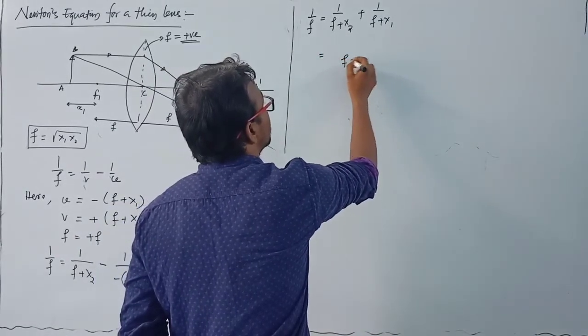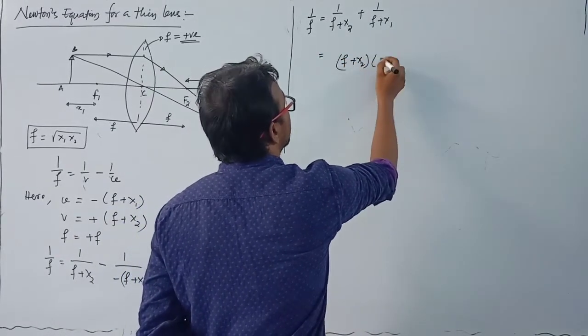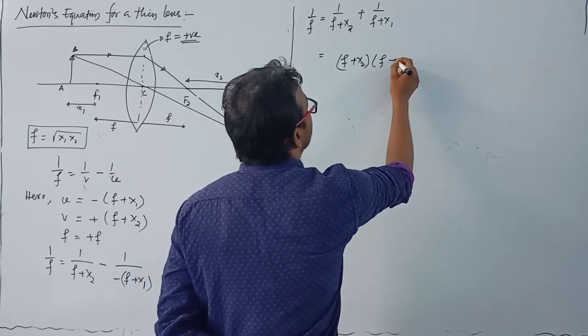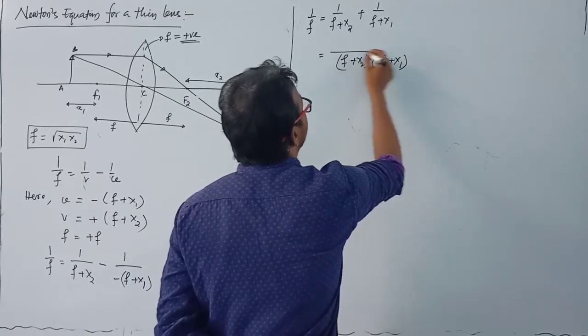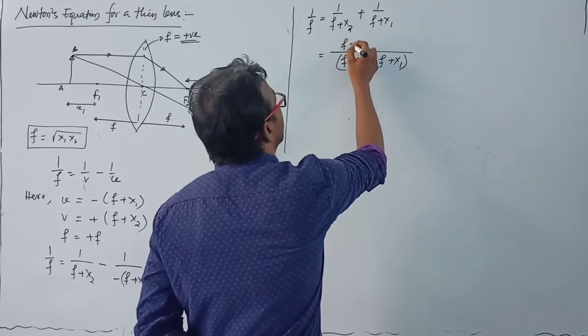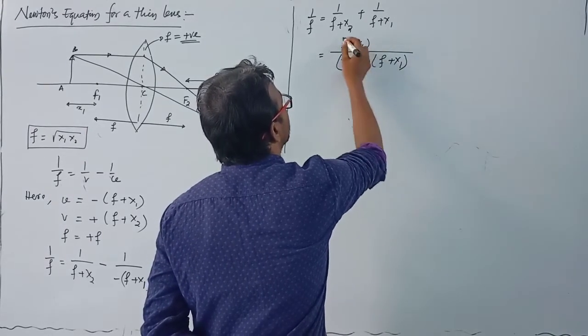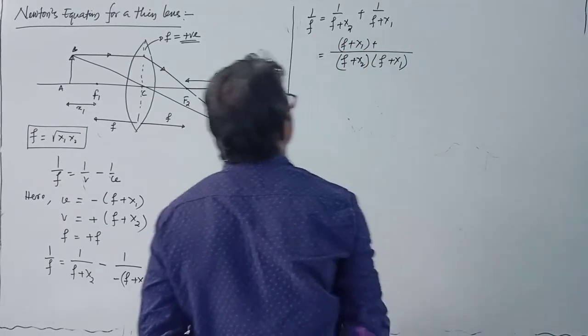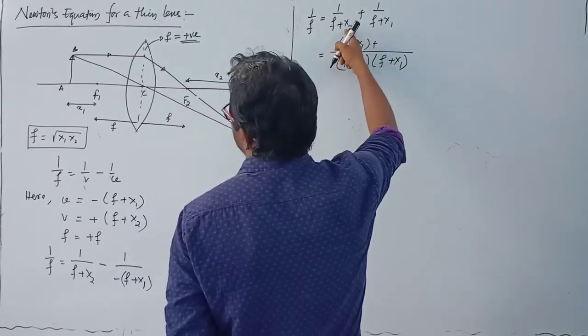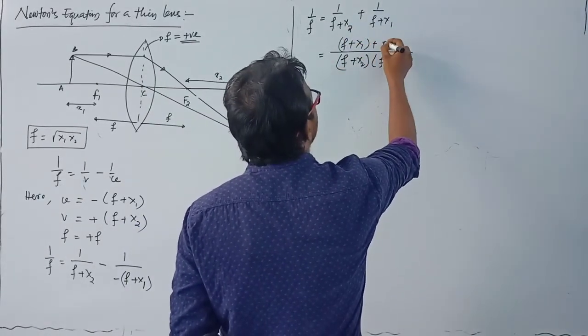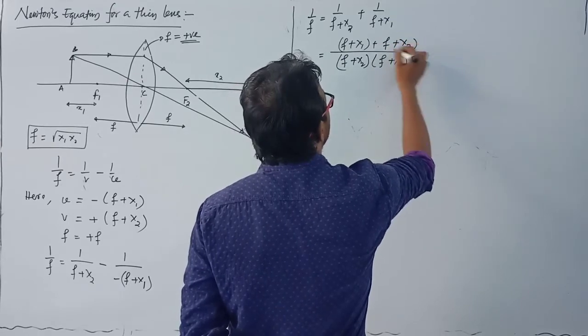Now take the LCM, that is f plus x2 into f plus x1, which gives f plus x1 plus f plus x2.